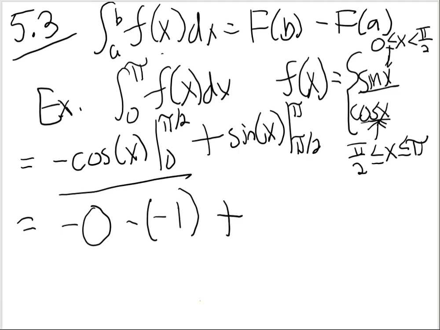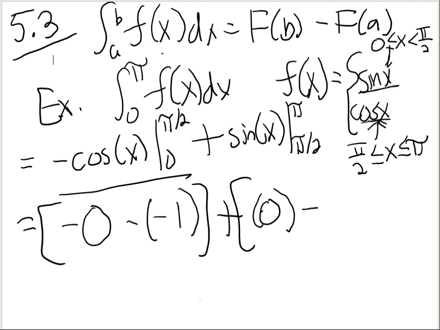Plus sine of pi is going to be 0, minus sine of pi over 2, which is 1. So we will get 1 minus 1, or 0, for this integral. So that's just split it up and do each integral.